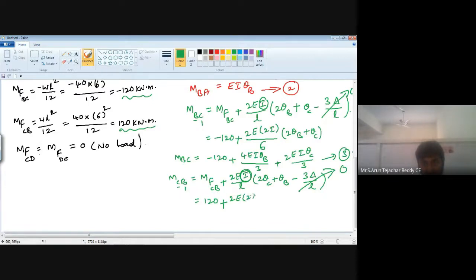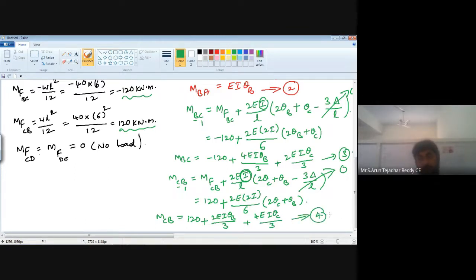So here it is 2I by span 6 meter into 2 theta C plus theta B. Once you evaluate this equation, MCB is equal to 120 plus 2EI theta B by 3 plus 4EI theta C by 3. This is your equation number 4.